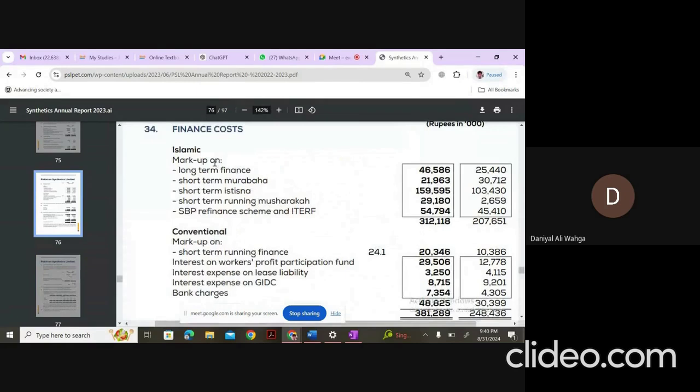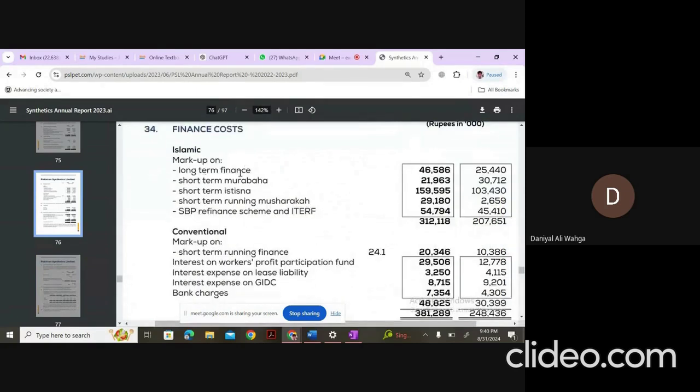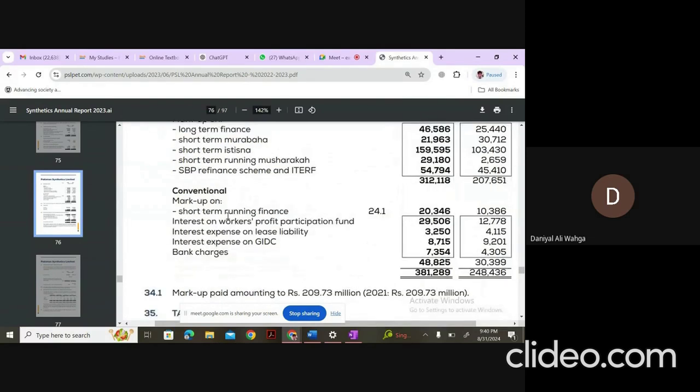You can see the finance cost is made up of Islamic markup on long-term finance, short-term istisna, short-term running musharaka, SBP finance scheme, and conventional markup on short-term running finance, investment, interest on workers participation fund, interest expense on lease liability, interest expense on GIDC, and bank charges.